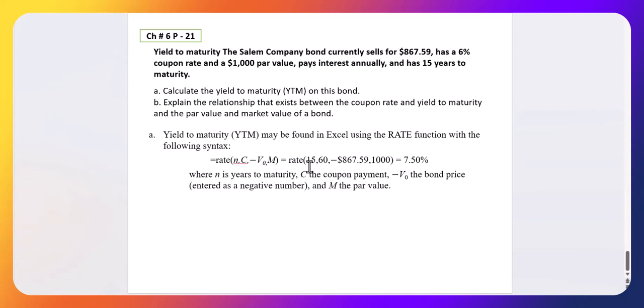So we have 15 years, 60 is the coupon payment, 6% of 1,000, minus the current bond selling price, comma, the par value, what the issuer has to pay the bondholder when the bond matures, which is $1,000. If we calculate all that, we end up with 7.50%.